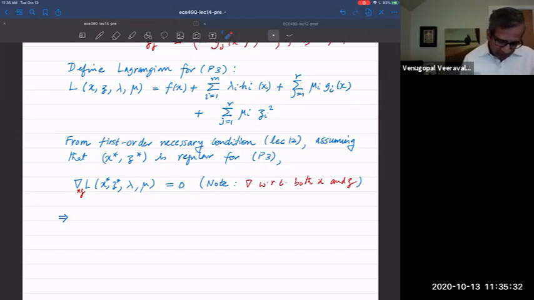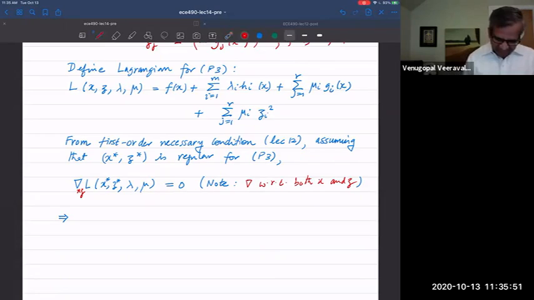So let's do the gradient with respect to x. The gradient with respect to x of this function involves only these guys. It doesn't involve this last term. Okay, so let's write that down.